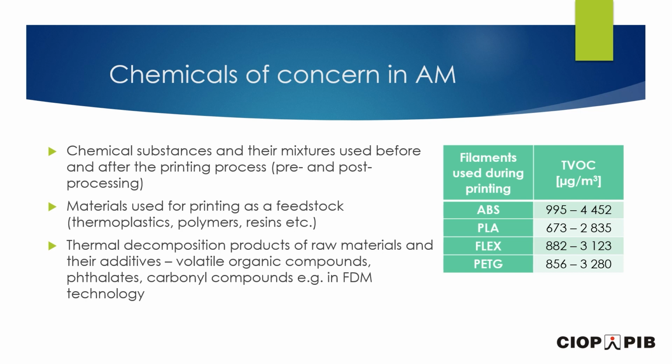But these are also the chemical substances and their mixtures which are used before and after the printing process. So we have different types of activities before printing, and then, for example, when we use different types of solvent for cleaning the printer and so on. So this also should be taken into account.